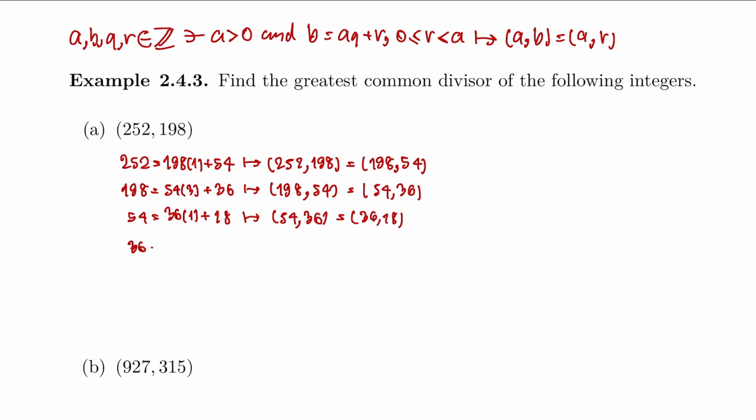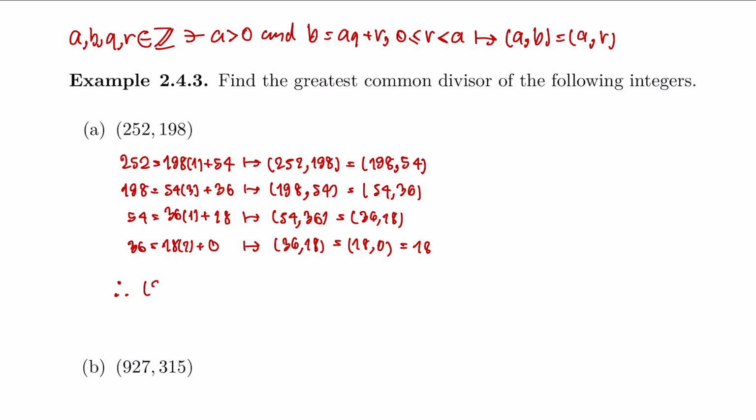And 36 equals 18 times 2 plus 0. So the greatest common divisor of 36 and 18 equals that of 18 and 0, and the greatest common divisor of 18 and 0 is 18.